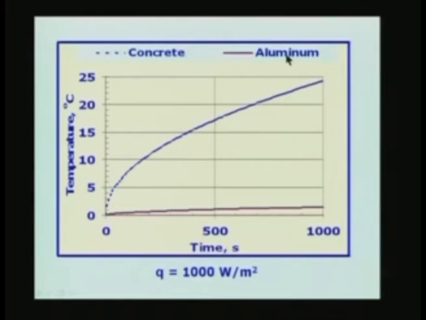However, if you use aluminum for example, the surface temperature increases very marginally, because most of the heat is conducted into the material, and therefore, for the measurement of heat flux, if you want a sizable temperature change, I must use a material with small thermal diffusivity, small conductivity and so on. Okay?